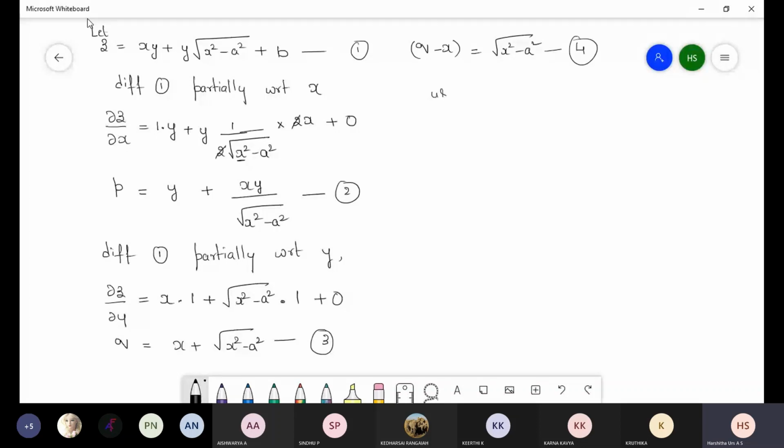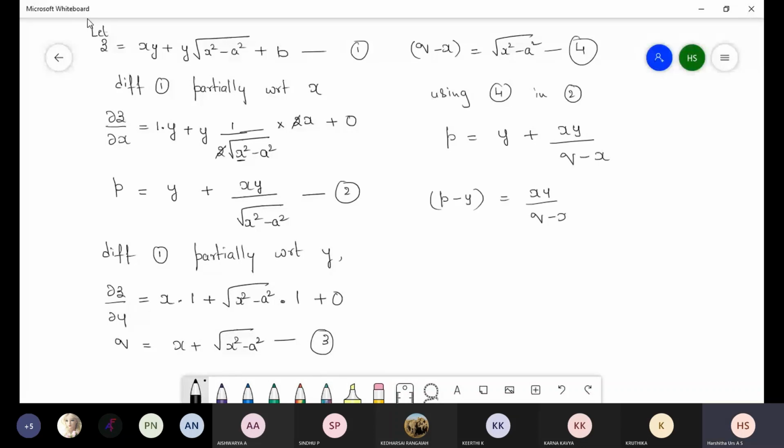Using equation 4 in equation 2. So p is equal to y plus xy divided by, in the place of root of x square minus a square, we can write q minus x. As we want in terms of partial differential equation, I shift this y to the left side. So p minus y is equal to xy divided by q minus x.